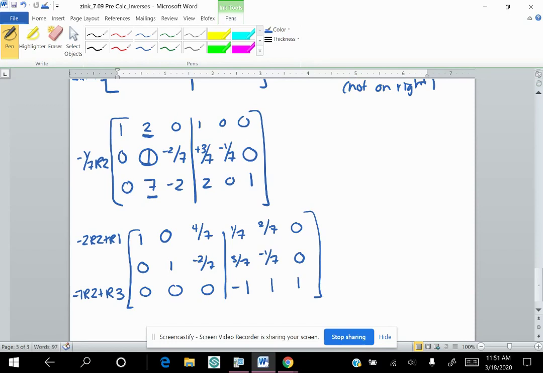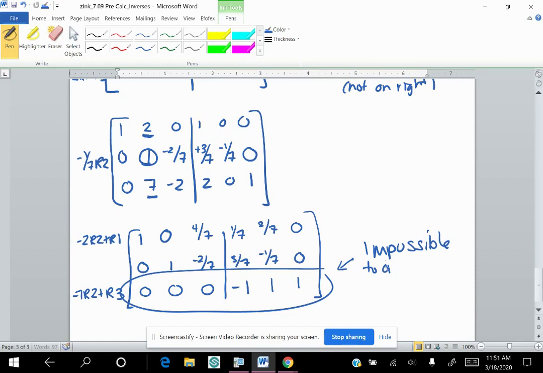So right here is where we're really focusing, and saying, okay, at this point, it's impossible to get the identity matrix on the left side because you have all those zeros. And we know all those zeros is not equal to this. So it's not even like an entire row of zeros.